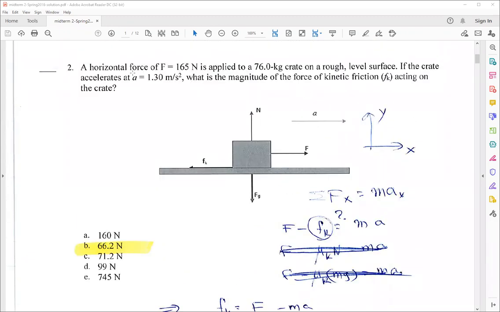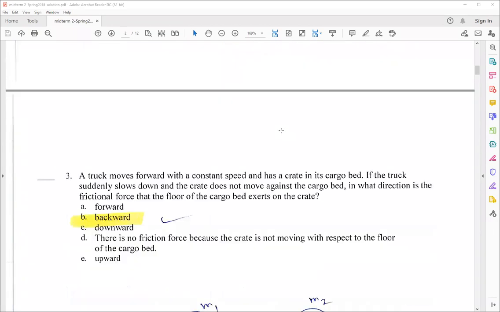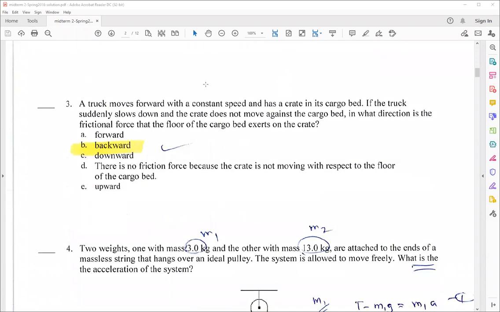Given the force you're applying, the mass of the crate and the acceleration, the same steps we did in midterm 2017 give friction equals the magnitude of force minus mass times acceleration. You end up with this value for the friction. Again, no need to repeat the same steps from that midterm.